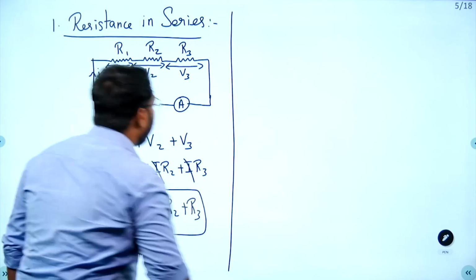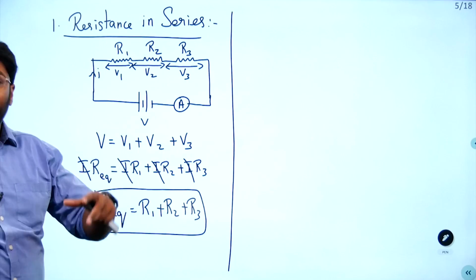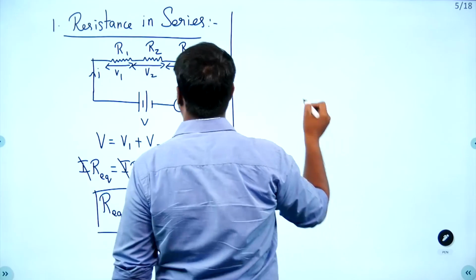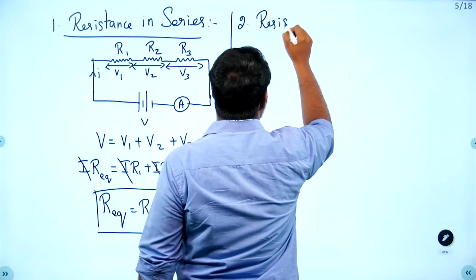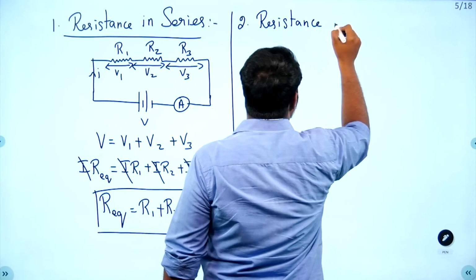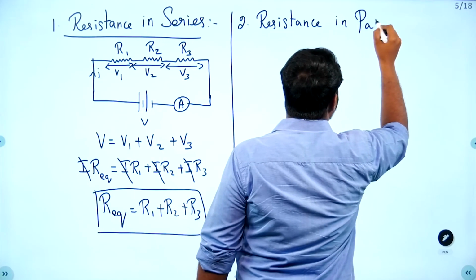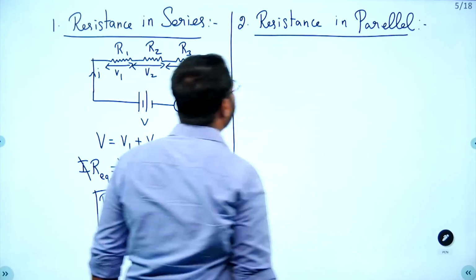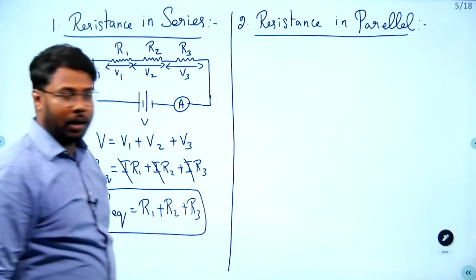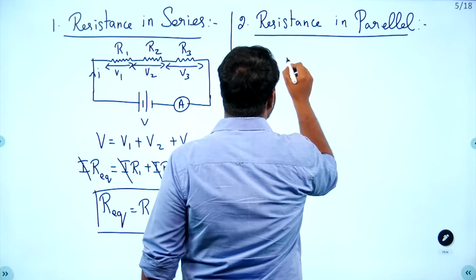Similarly, let us see what happens if we put three resistors in parallel. So, what happens if we put three resistors in parallel? Listen very carefully.